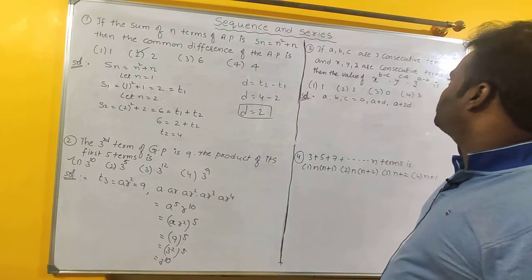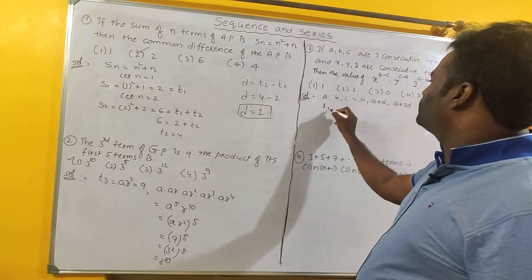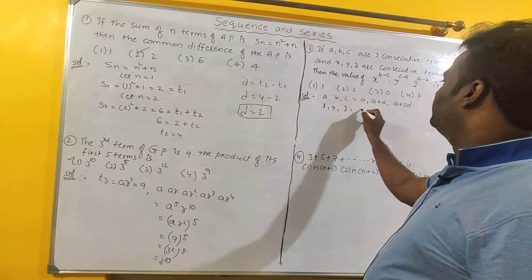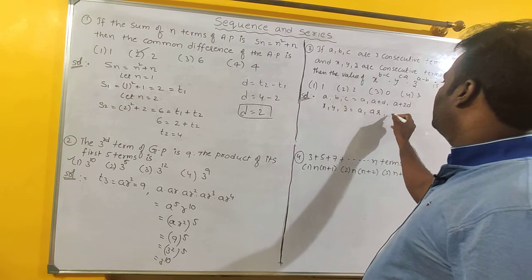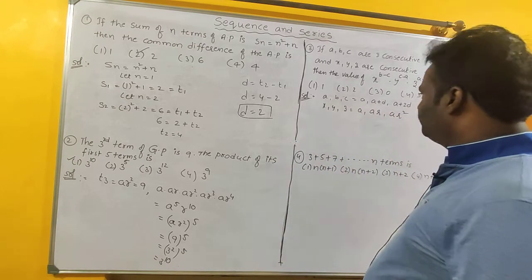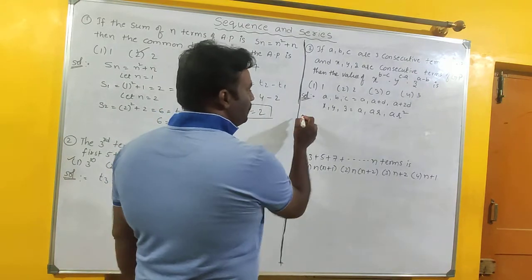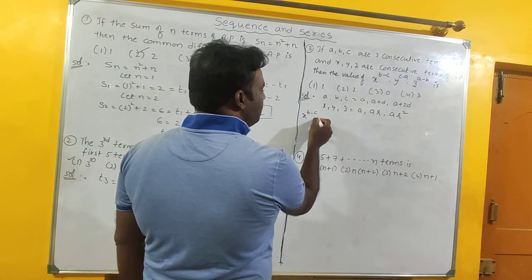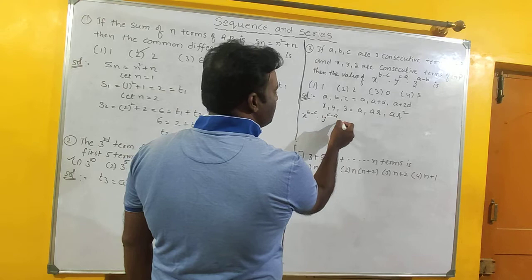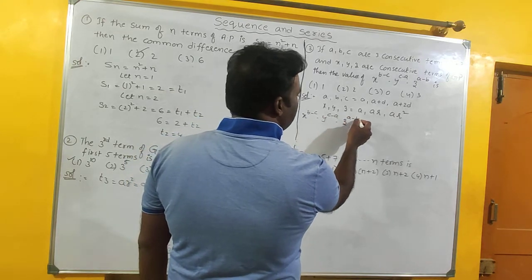Next, X, Y, Z are consecutive terms in GP, that is A, AR, AR square. Then we need to find X power B minus C, Y power C minus A, Z power A minus B.